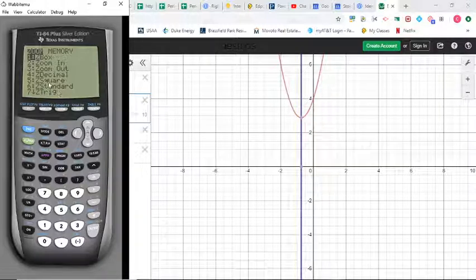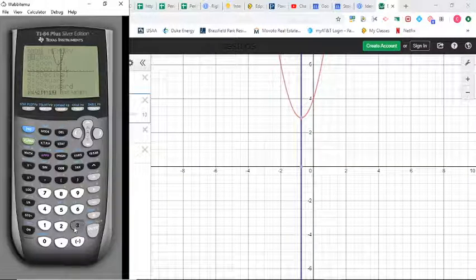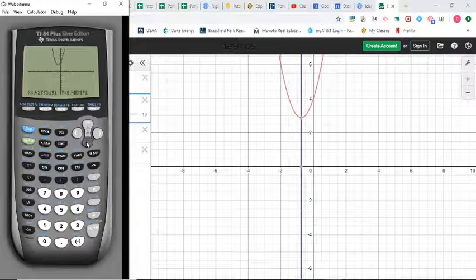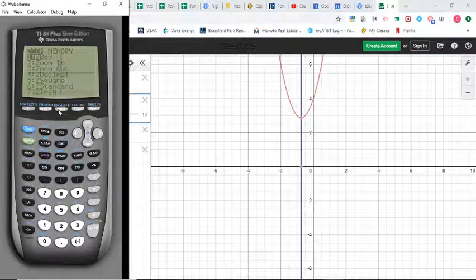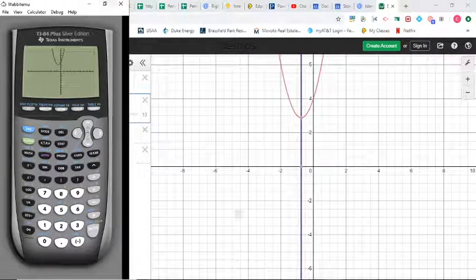If you want to zoom out, you hit 3. And then you move your cursor to where you want to zoom out and you hit enter. Okay, and it'll zoom you out. But again, if you want to go back to your 10 by 10 screen, you hit zoom 6 for zoom standard.